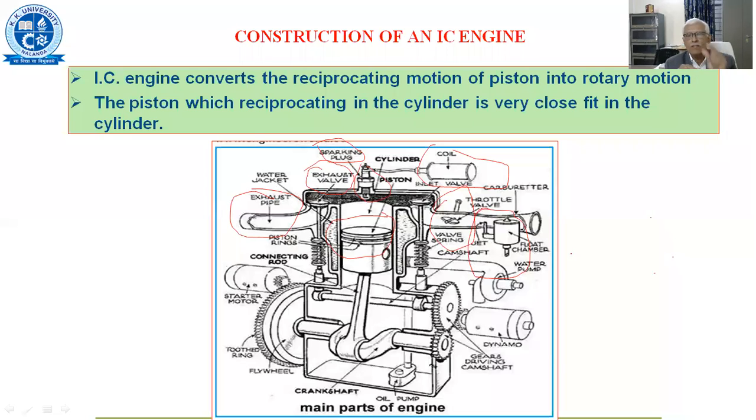And for the air fuel mixture, air is drawn from the atmosphere into the air filter. The air filter filters the dust particles or foreign particles in the air, and only visibly clean air gets into the carburetor.